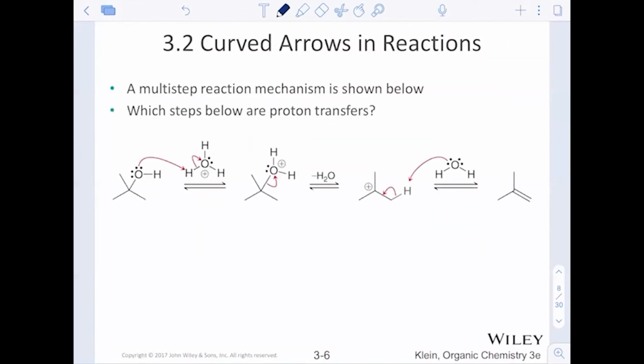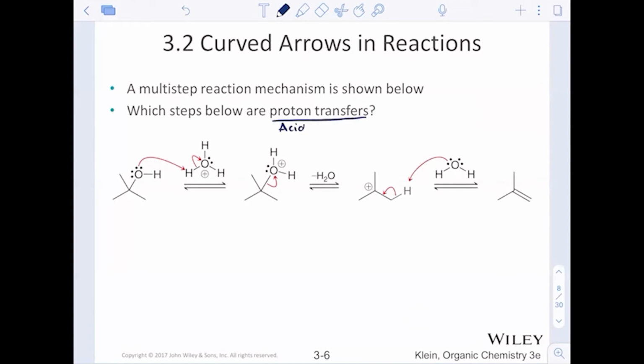Looking at this one, hopefully we can start to see that this is not just an acid-base reaction. This is a multi-step reaction that we will do later on in the semester in chapter 7. But what I really want to focus on real quick is looking at which one of these are called proton transfers, acid-base reactions.